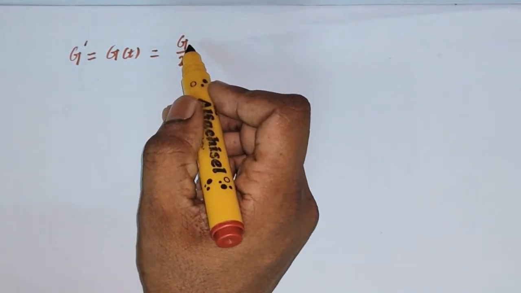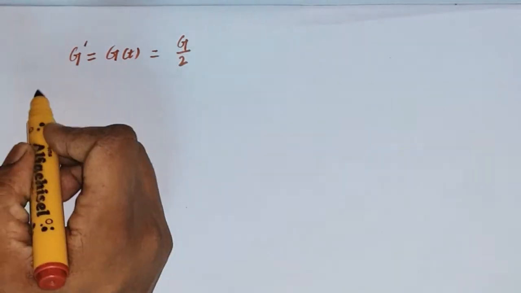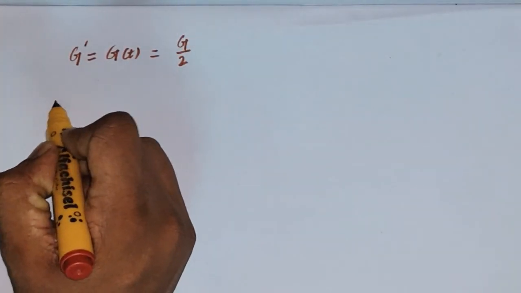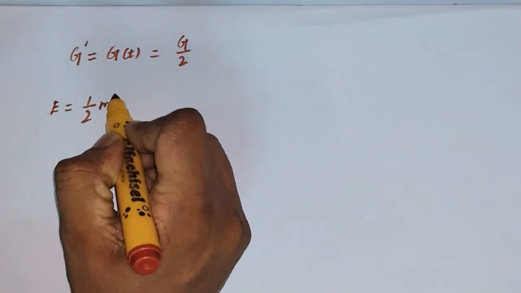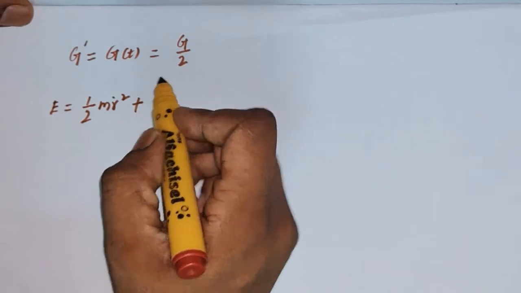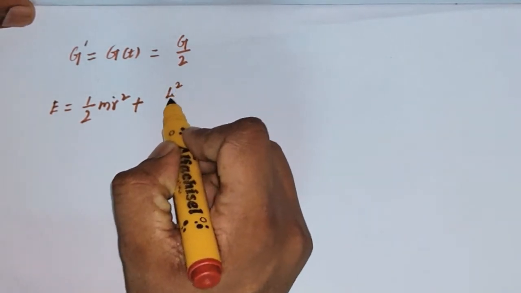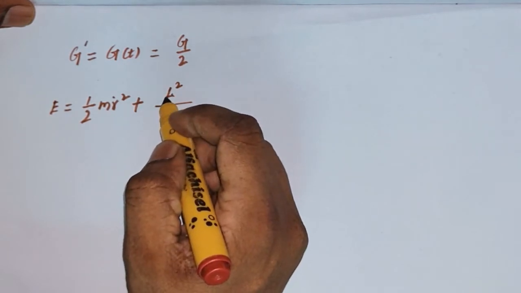First, we want to know the total energy of the system, the planetary system. You can represent it as half m r dot squared, which is the kinetic energy, plus the effective potential energy: L squared divided by 2 m r squared minus G M m divided by r. Here L is the orbital angular momentum of the planet.